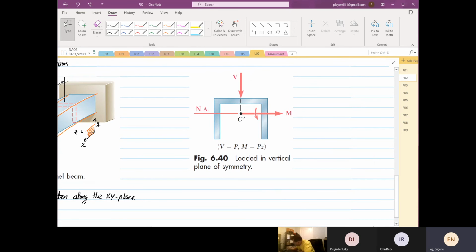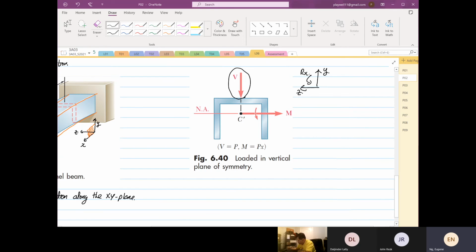If we look at the cross section, this is our Y and Z, with rotation about our X. The shear force is acting exactly vertically, as you can see.